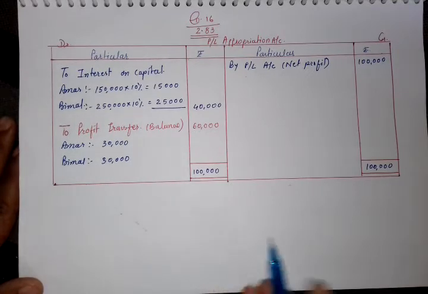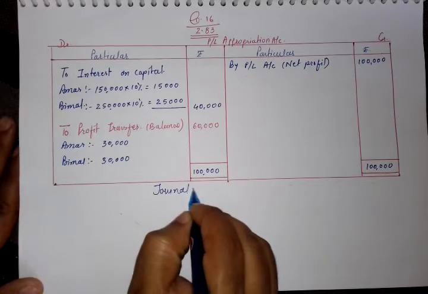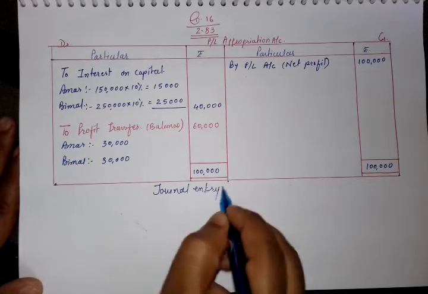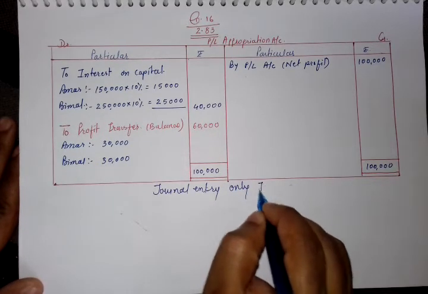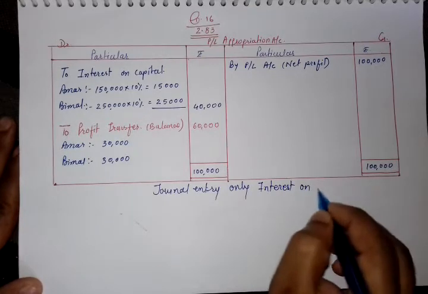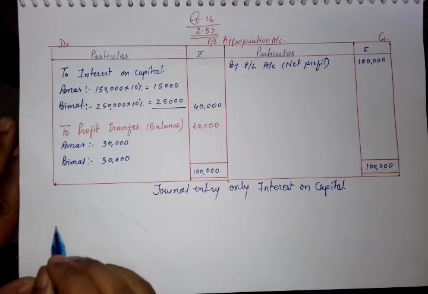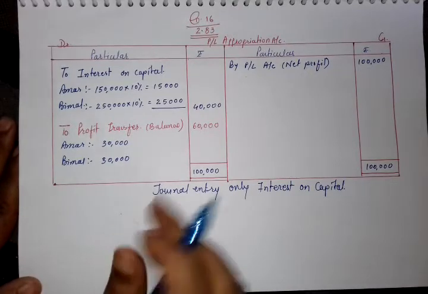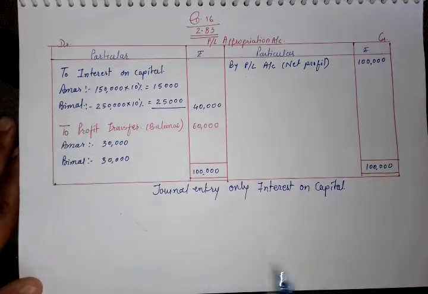Now the journal entry, only for interest on capital. See, P&L appropriation account debit. Why debit? Because of Amar and Bimal.